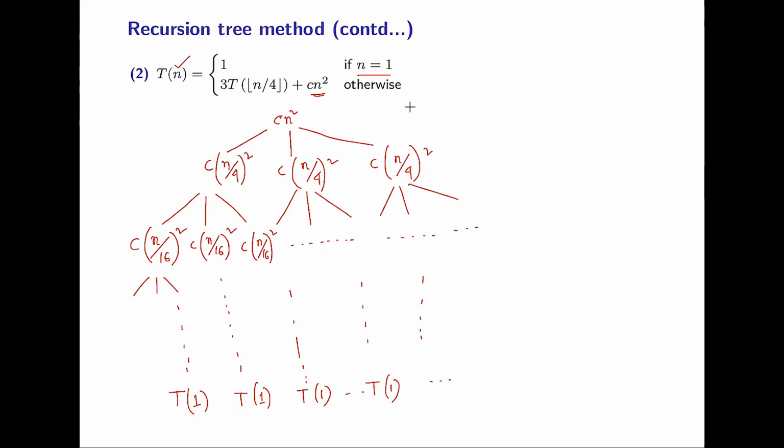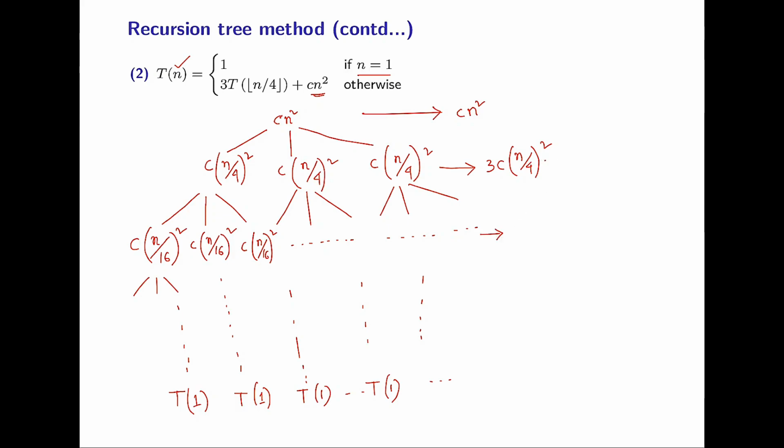Here we need to find out the per level cost. The cost at level 0 is Cn square. The cost at level 1 is what? 3 C (n/4) square.